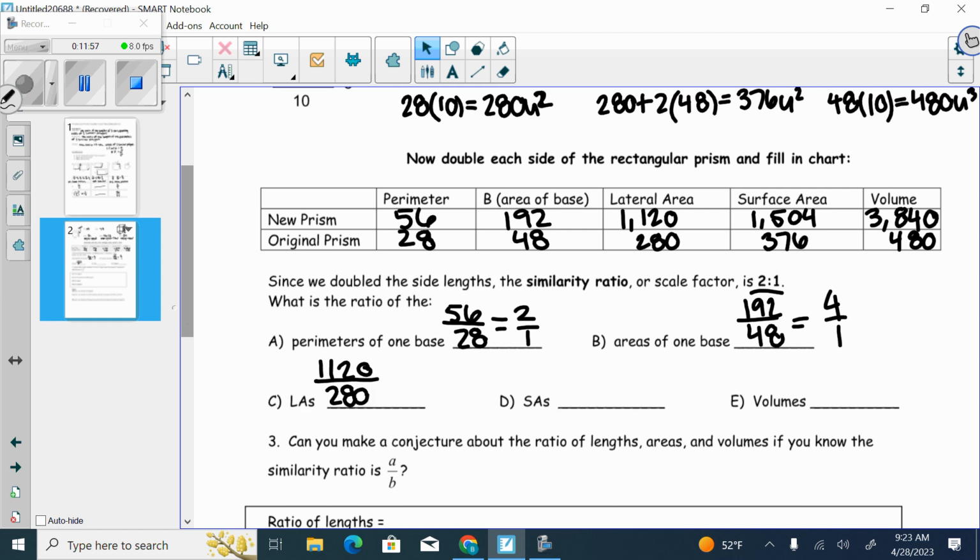What does that simplify to? 4 over 1 as well. Okay, and then for my surface areas, I've got 1,504 over 376. What's that simplify to? Also 4 over 1. Okay, so lateral area and surface area, they are types of areas, so it makes sense that they have the same ratio as our two-dimensional base area, right?